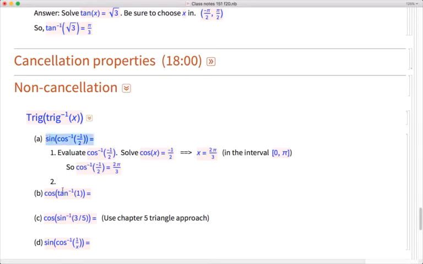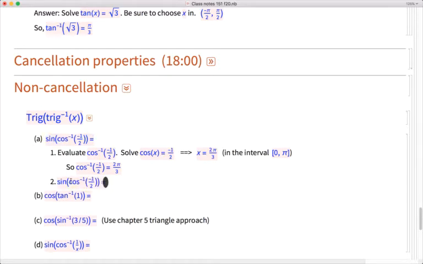I'll go shorter on the next one. All right, plugging that in, and now we want to get the sine of 2 pi over 3. Okay, so we're in the second quadrant. It is a steep angle. We want the y coordinate, so I believe this is root 3 over 2.